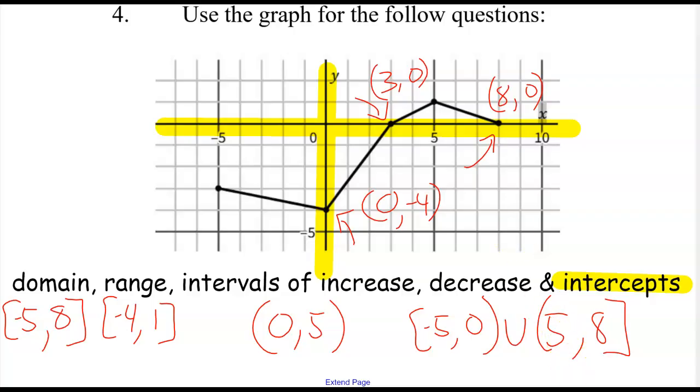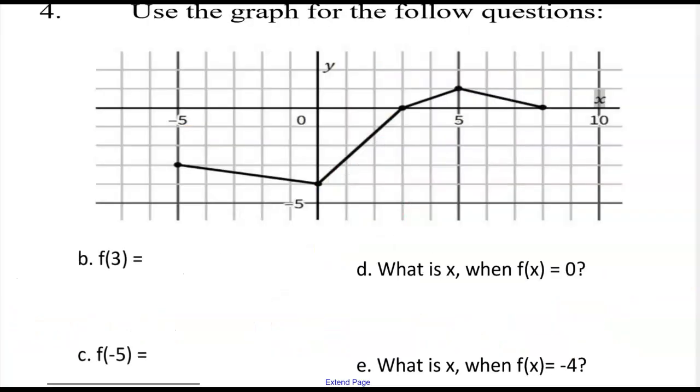Now let's take a look at some more information on this same problem. We want to know what these things mean or what the values are here. So we got f of 3, and in f of 3 we have this point here, which is at 0.